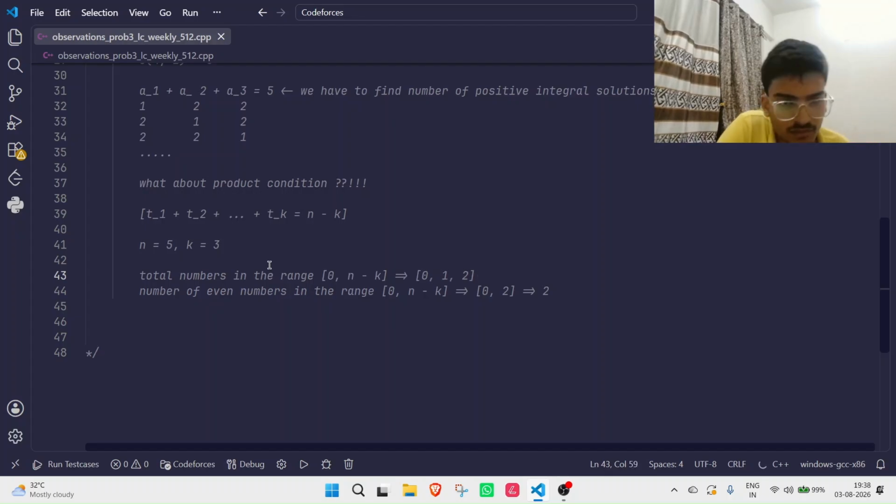There are three numbers, or Tis. So we can write that k numbers are there. Let's suppose exactly one takes an even value. So that will take from these two.